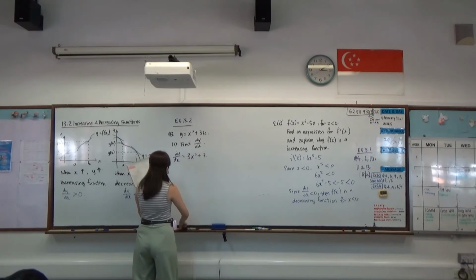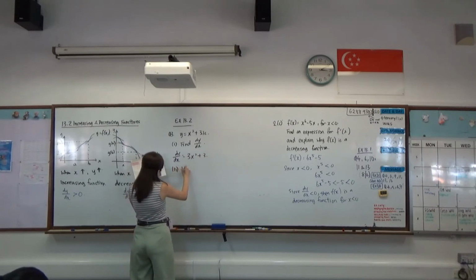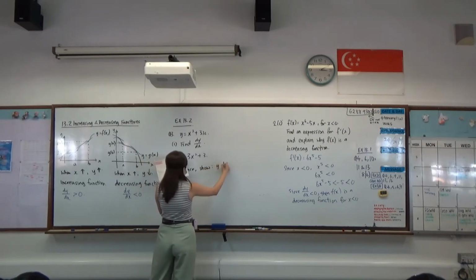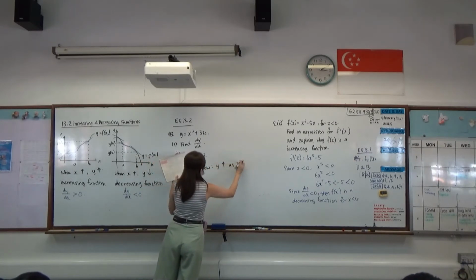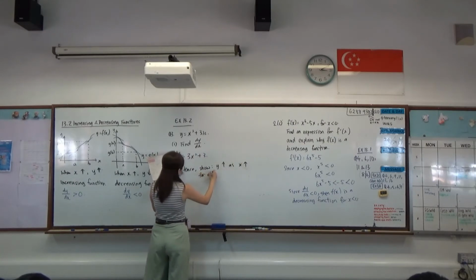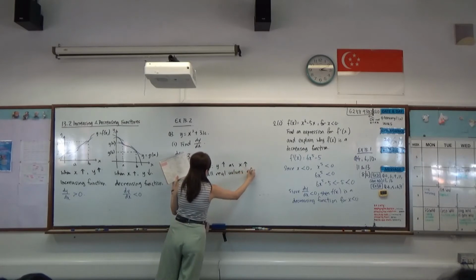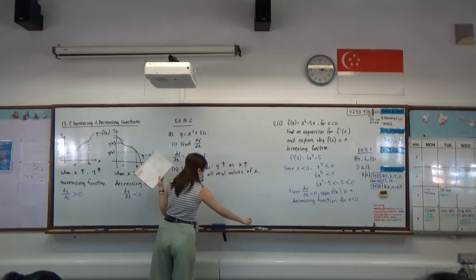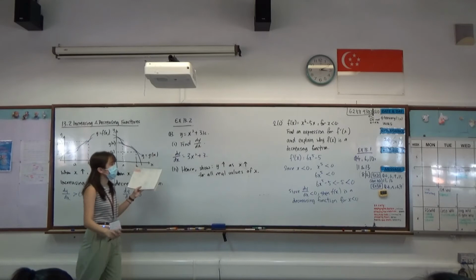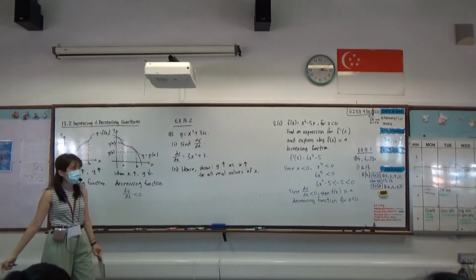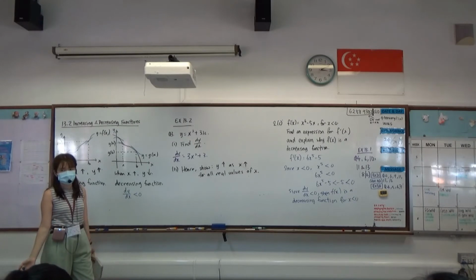Okay, in part 2, we want to hence show that y increases as x increases for all real values of x. So what this means is that regardless of what x is, so long as x increases, we want to show that y is increasing.